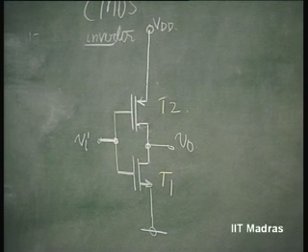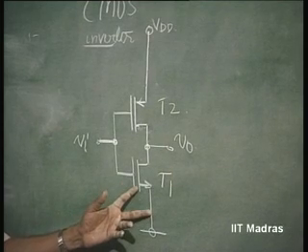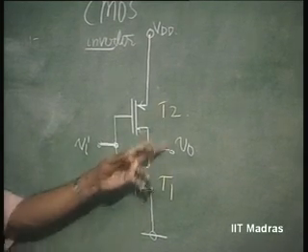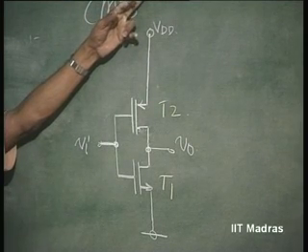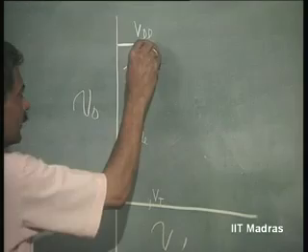Thereafter, T1 starts conducting. T1 is going to be in the current saturation region, because V naught is very nearly equal to VDD. So, T1 is in the current saturation region.